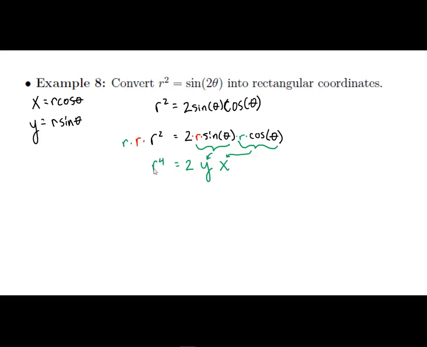And then over here, hopefully we recognize that what we've got going there is something with our formula r squared equals x squared plus y squared. So I'm going to rewrite r to the fourth as r squared squared. And so then my r squared can be replaced with x squared plus y squared.